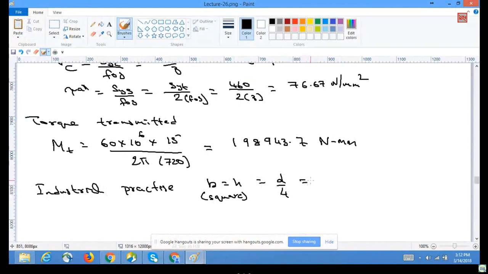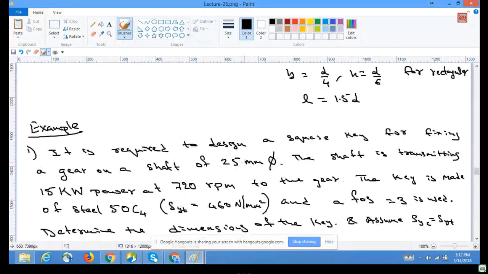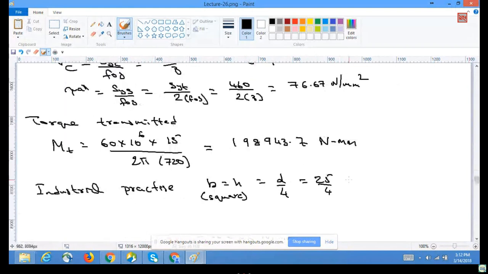We know that in our case, the diameter is 25 mm. So D by 4 is 25 by 4. That gives us 6.25, so approximated to 6 mm.